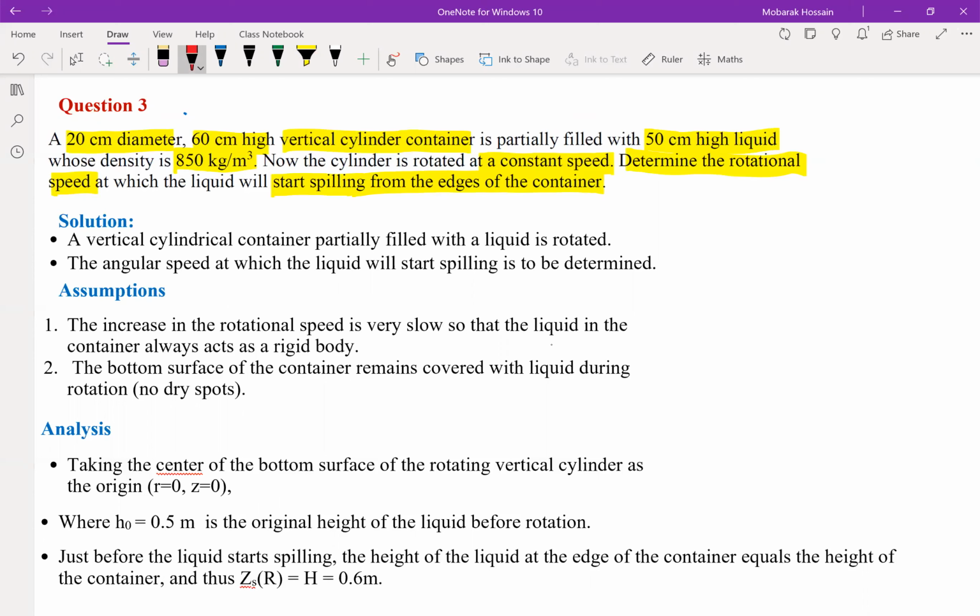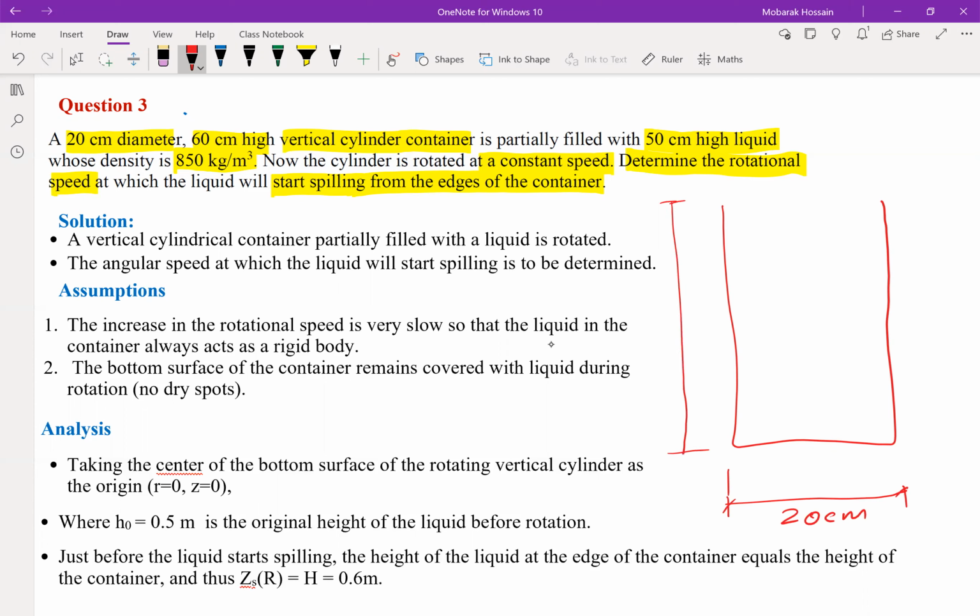So basically, say this is the container, given a cylindrical shape, with diameter 20 centimeter and full height of the container 60 centimeter.